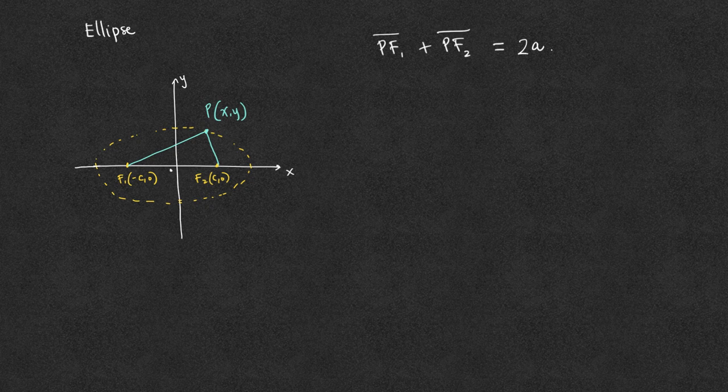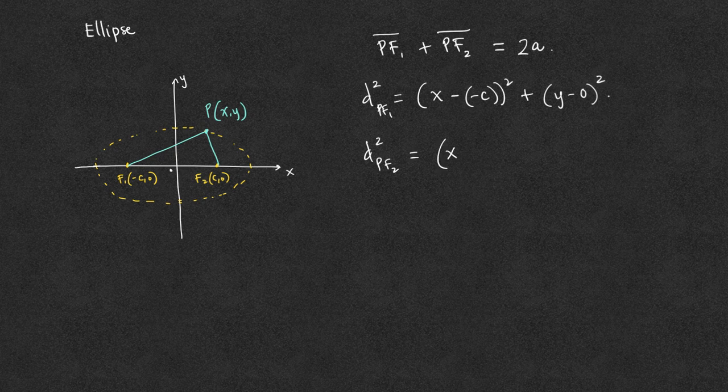The distance from the point P to f1, using the distance formula, we have the distance squared equals x minus negative c squared plus y minus 0 squared. This is distance 1, P f1. The distance from the point P to the point f2 squared is x minus c squared plus y minus 0 squared.